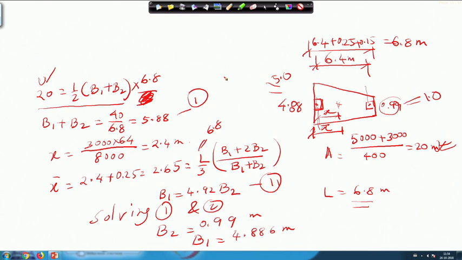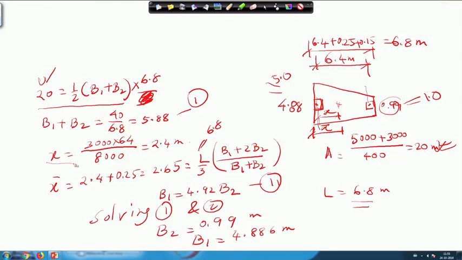And the second part is, since two loadings are applied at different locations and of different magnitudes, I can find out with respect to one column the point of application, and then from the center of the footing, the distance to the left side, if I add, that becomes the CG of the area from the left side. So, that I have done. First I have calculated x, and then x bar I have calculated, just adding half the column width.